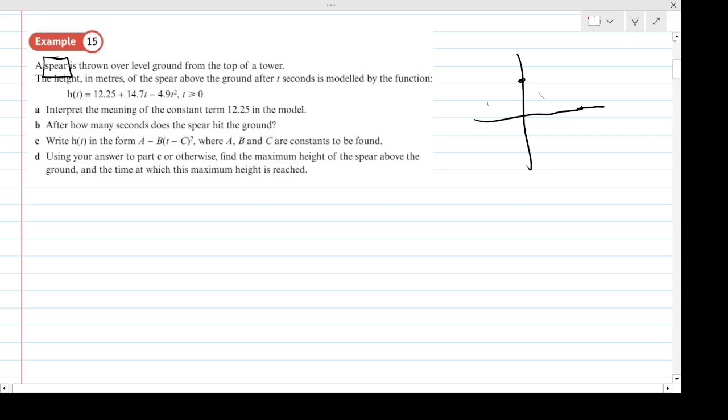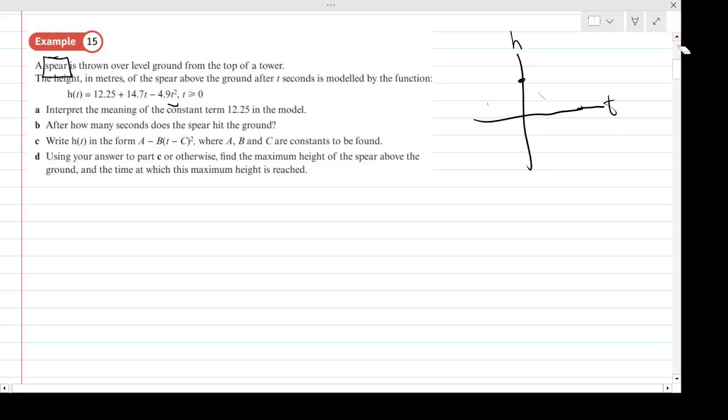What's that going to be? Well, the y-axis is when x is 0, right? Well, actually, no. In this case, we have variables h and t. So t is our variable, and h is sort of like the y values, so what the function is.